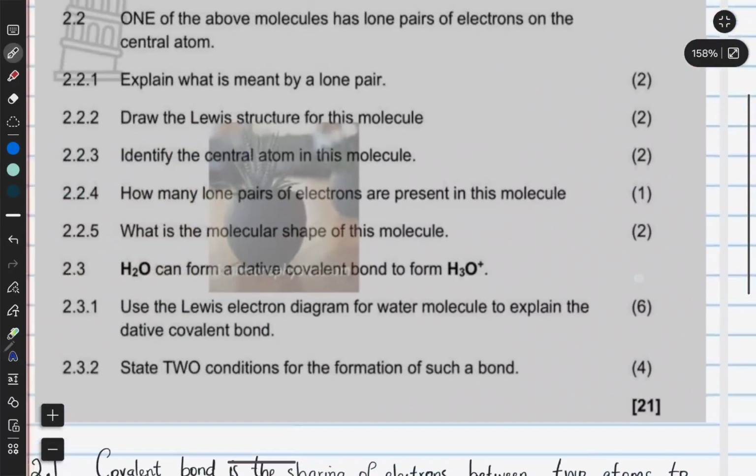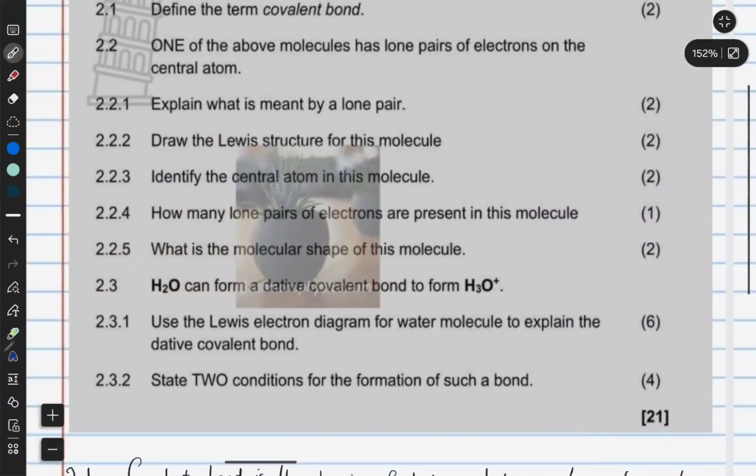All right, so now what is the molecular shape of this molecule? This you must know off by heart. If you check your tables in class, they usually give you a table where you have the ideal shapes and the non-ideal shapes, right? Your bipyramidal, the linear, all those types of shapes.